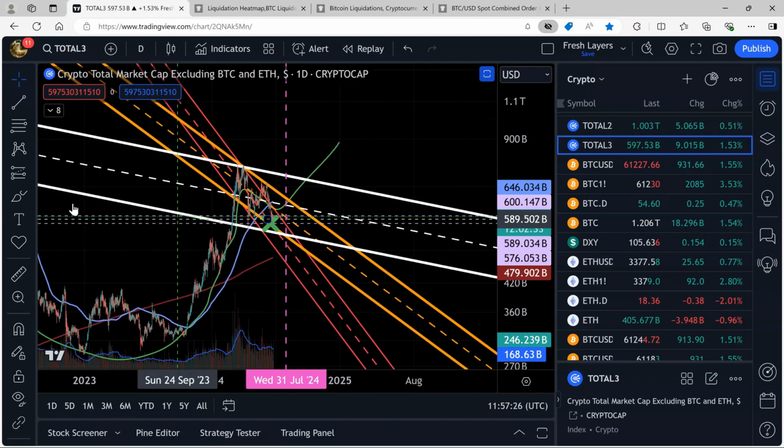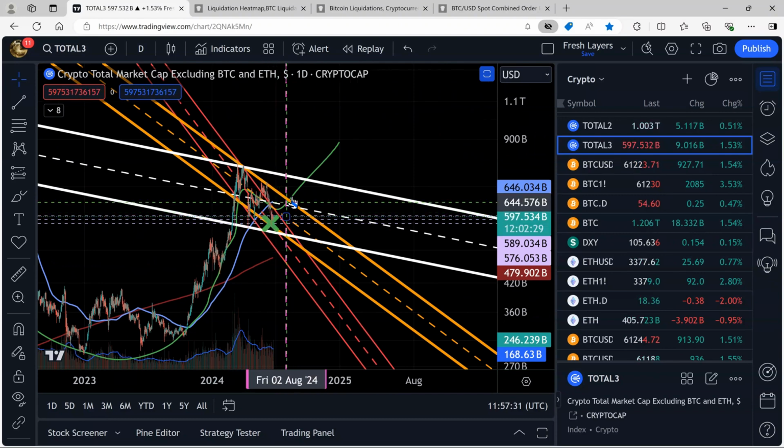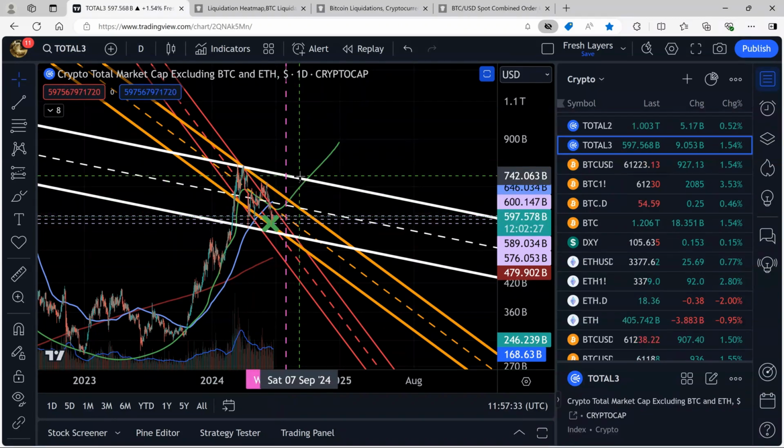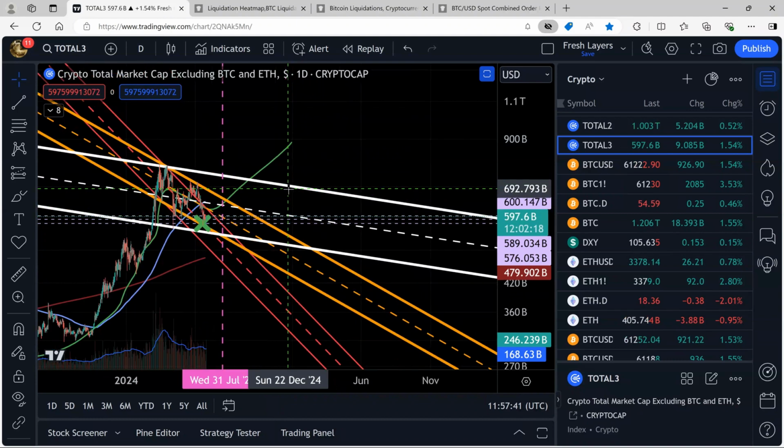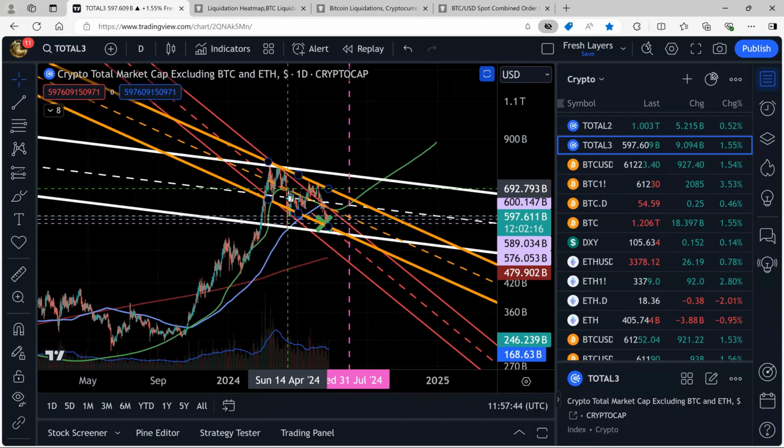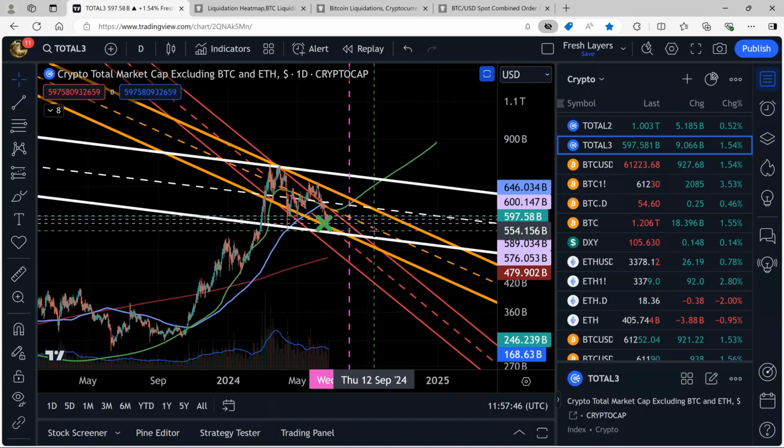But yeah, we do want to come back up here. And when we do break through this white channel, that'll be our altcoin rally.